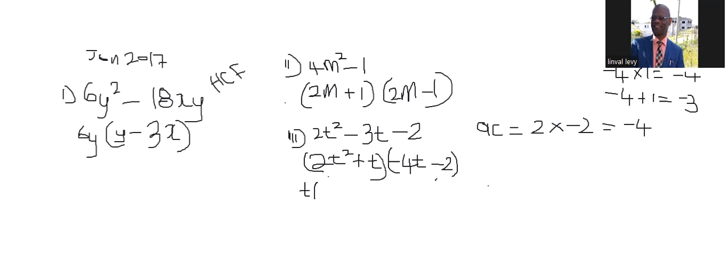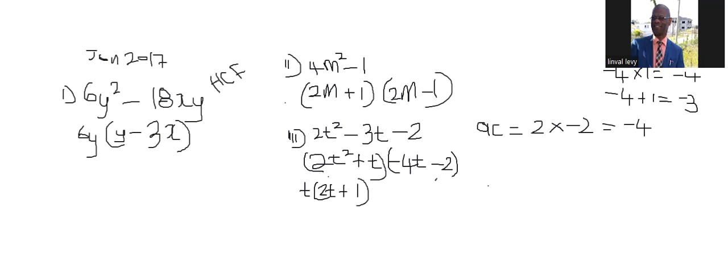2t squared divided by t would be 2t, right? And t squared is t times t. Plus t divided by t is 1, not t, but 1, right?